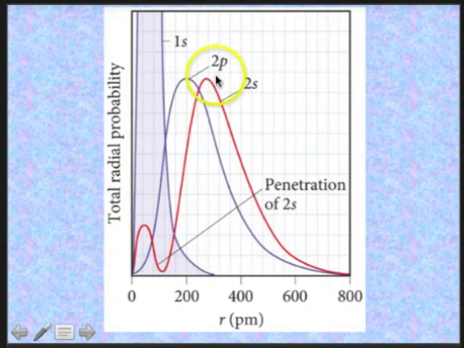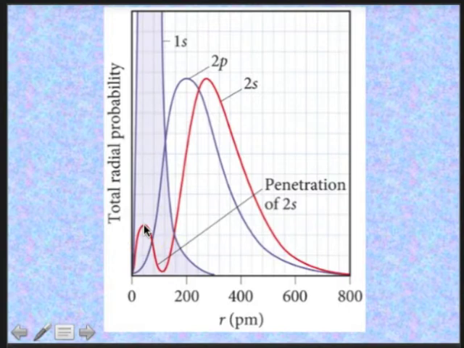The 2p looks as if it's actually closer to the nucleus than the 2s. The 2s is in red, the 2p is in blue here. And the 2s is actually moved a little bit out. If that were the case, the 2p would be of lower energy than the 2s. But wait, you see this bump here in red?